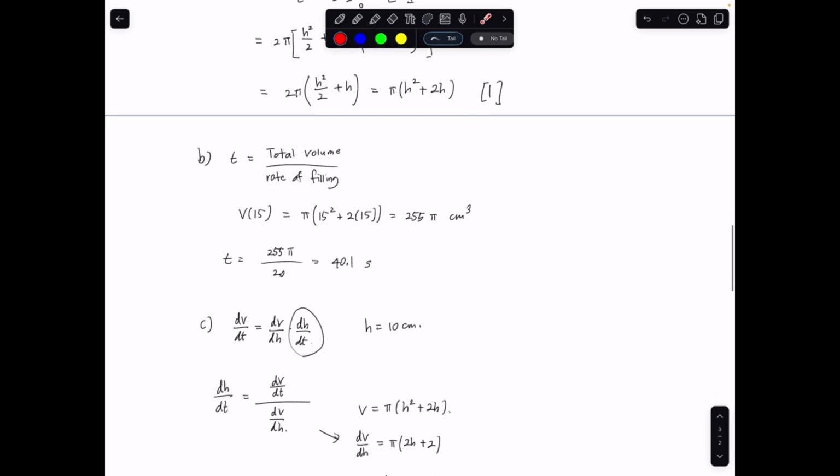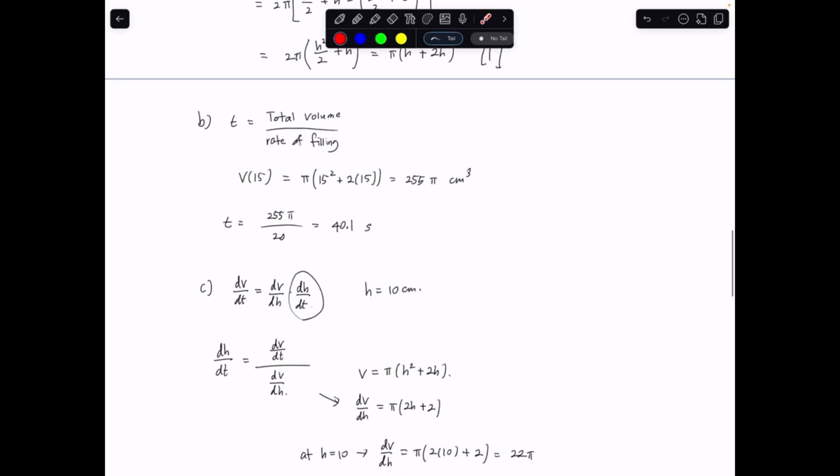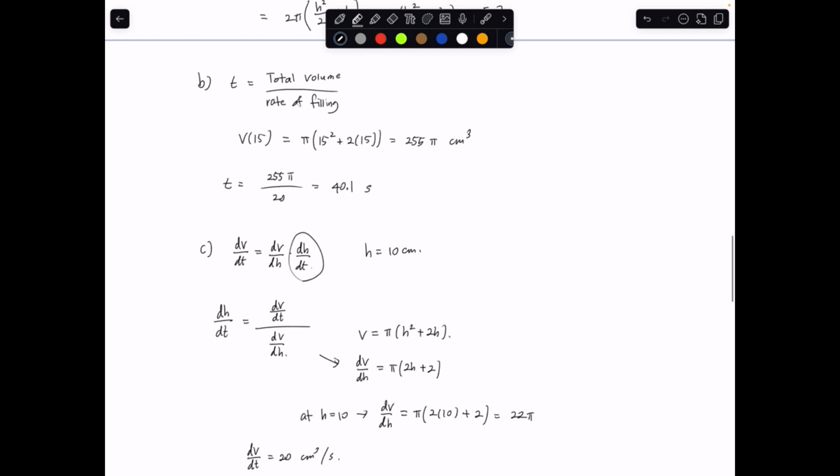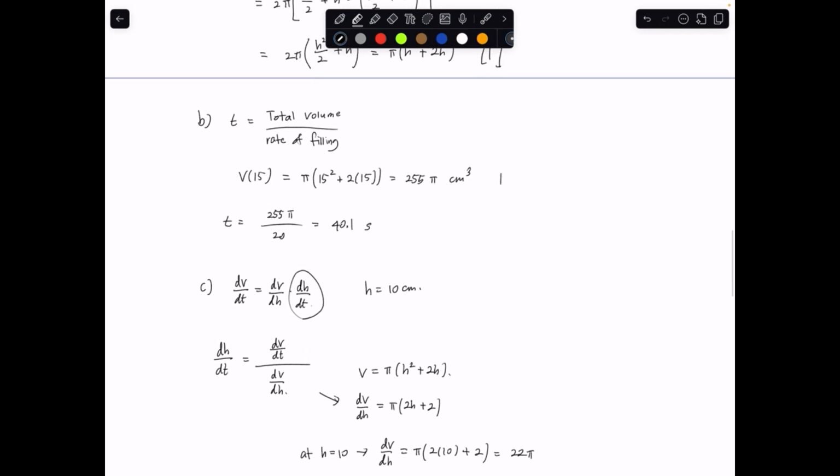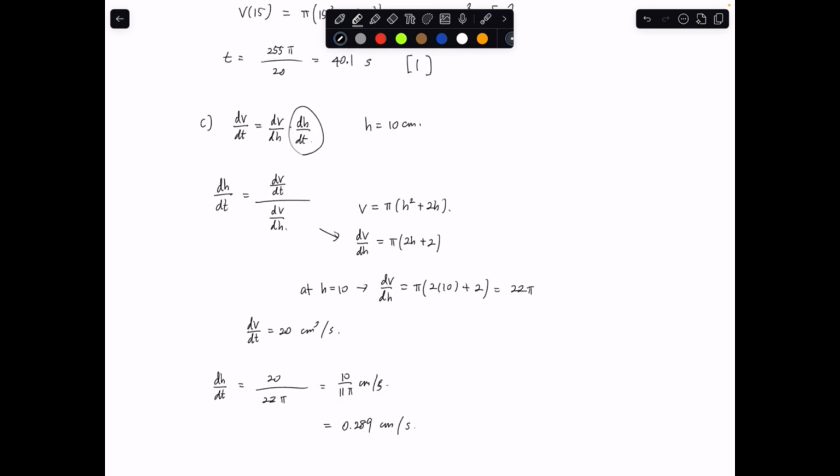And then for part B, you're given 1 point for finding the volume of the base. That's 1 point. And then the time to fill the vase, calculating like that, should get you 1 point. And then for part C, you're given 1 point for writing this formula down, another point for creating the expression for dh/dt, and then another point for differentiating V with respect to h.